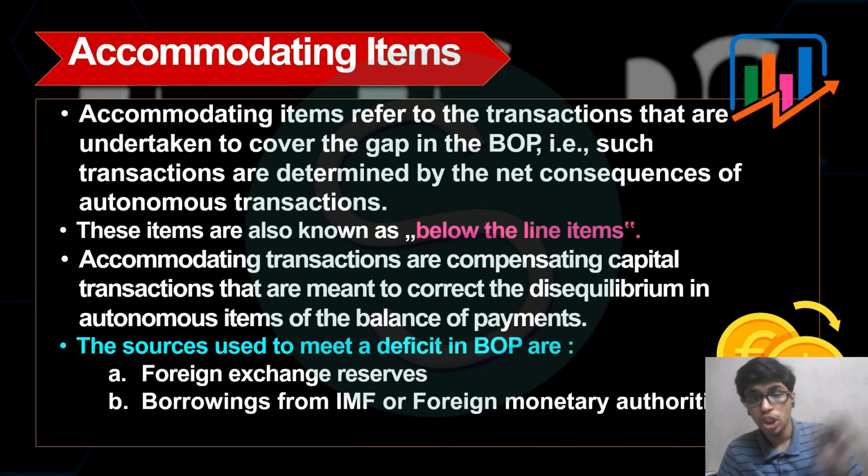Number one is foreign exchange reserves, and the other is borrowings from the IMF, International Monetary Fund, or a foreign monetary authority. These two help in meeting the BOP deficit. So these are the two items, accommodating and autonomous transactions. It is very important from the exam point of view. You will get a short theory question or an MCQ.